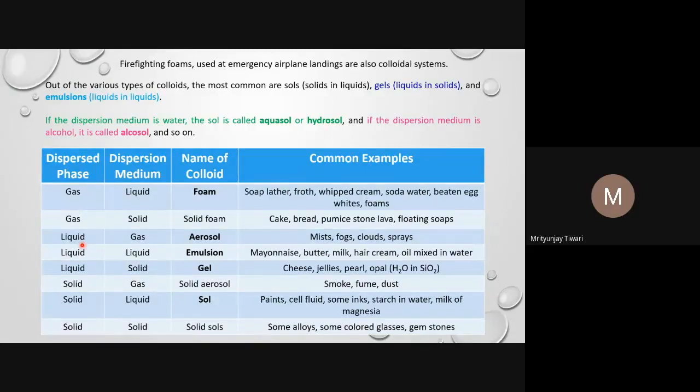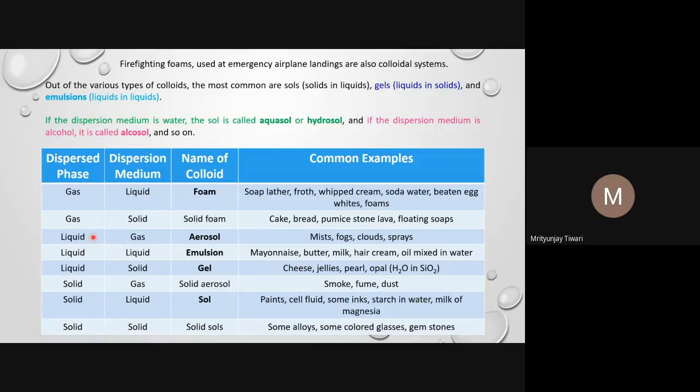The only thing is that gas into gas cannot form a colloid. So there are 3 into 3, 9 possibilities, and out of these 9, gas into gas is not a possibility. That is why we have 8 different types of colloidal systems, based on the physical states of the dispersed phase and dispersion medium.